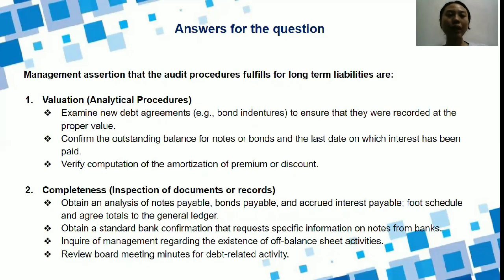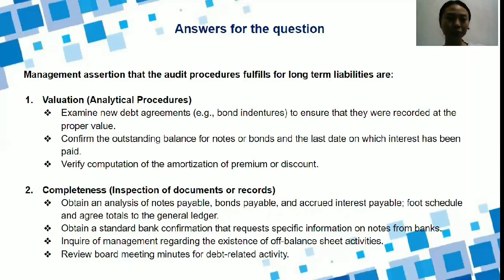For the valuation, the auditor needs to examine the new debt agreements to ensure that they were recorded at the proper value, and confirm and reconfirm the outstanding balances for notes or bonds, and the last date on which interest has been paid. They can confirm it by doing inquiry or external confirmation. And lastly, they need to verify the computation of the amortization of premium or discount.